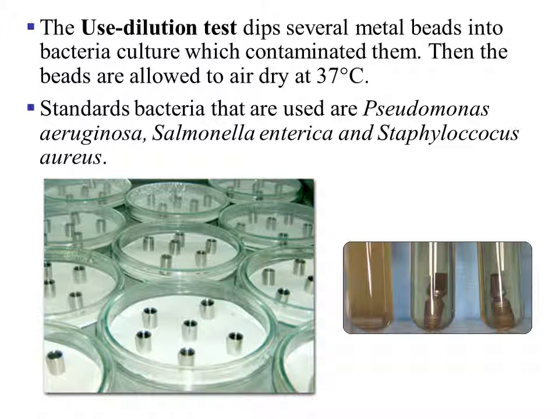After the bead has been soaked, the beads are taken out and allowed to air dry. You want the bacteria to be able to somewhat adhere to the bead. Standard bacteria that will be used are Pseudomonas aeruginosa, Salmonella enterica, and Staphylococcus aureus.